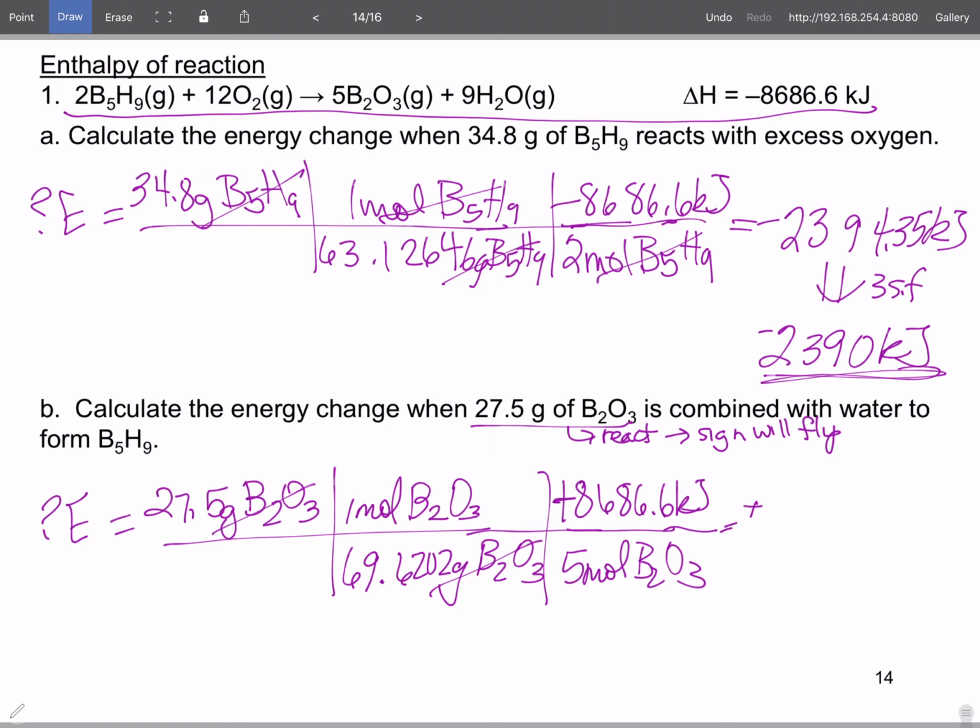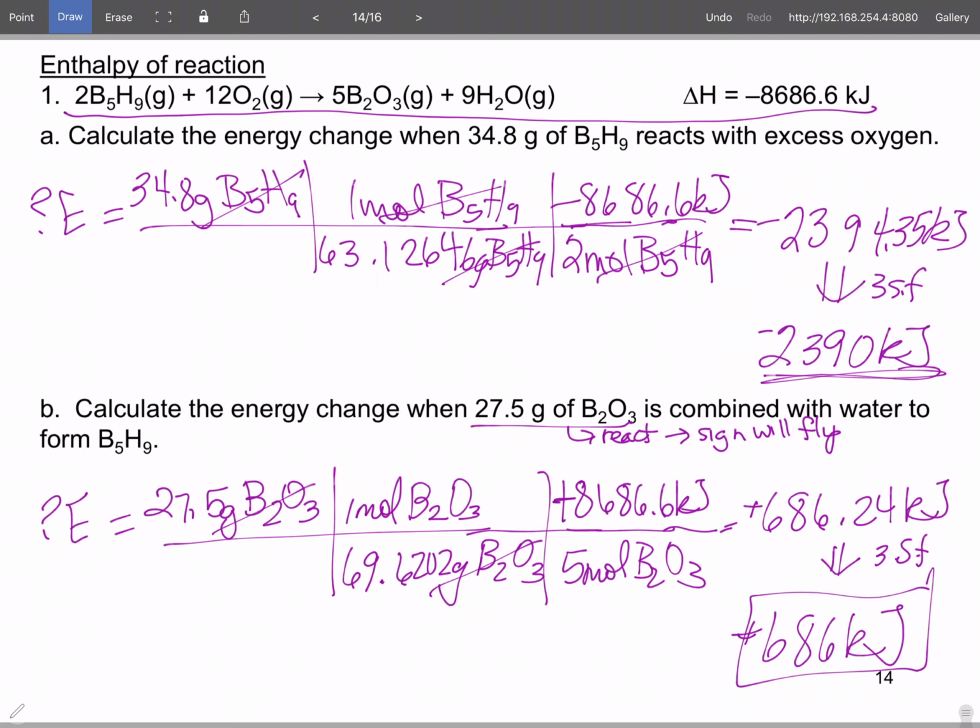So when we do the math, everything on top is multiplied. Everything on the bottom is divided. We're going to end up with this value here. We again have 3 significant figures, so it's plus 686 kilojoules, would be my final answer.